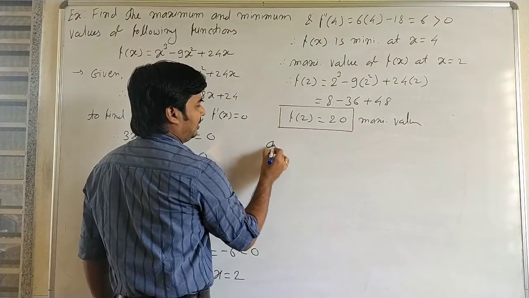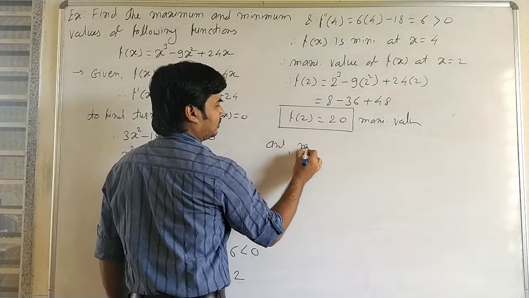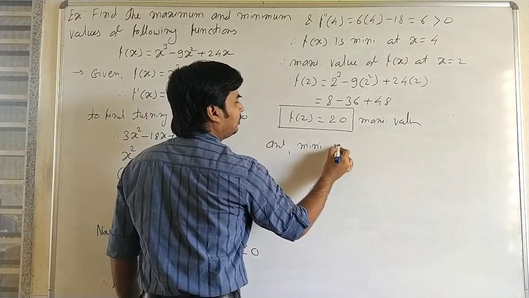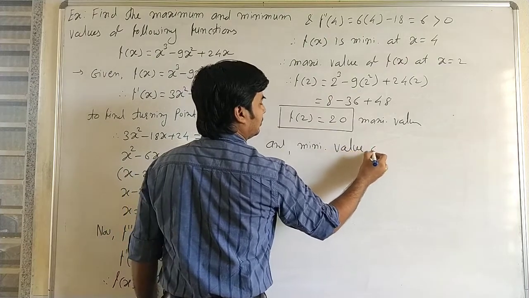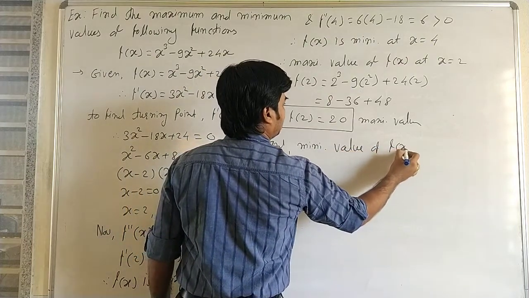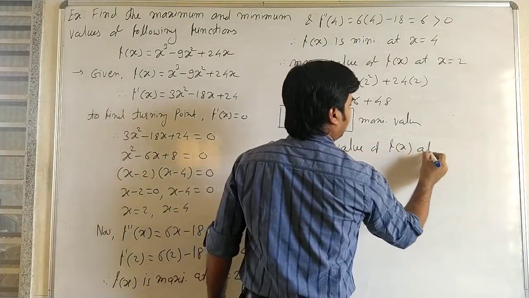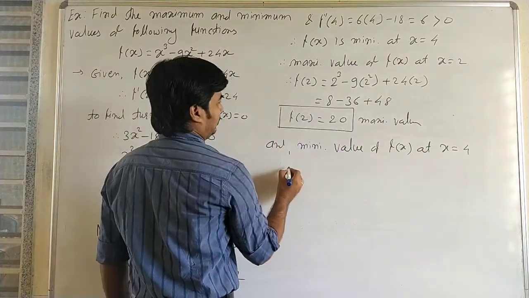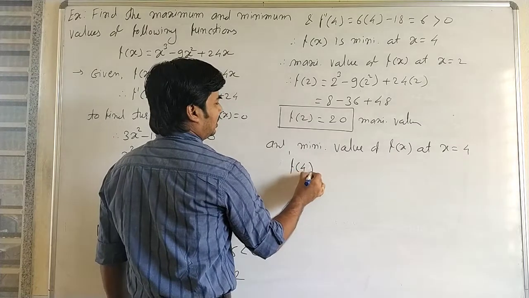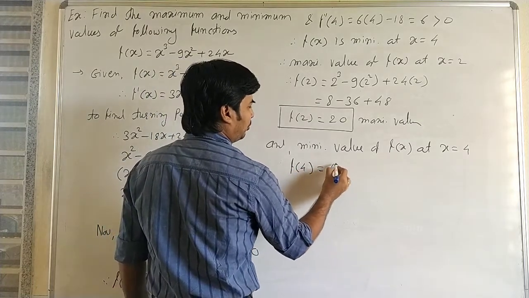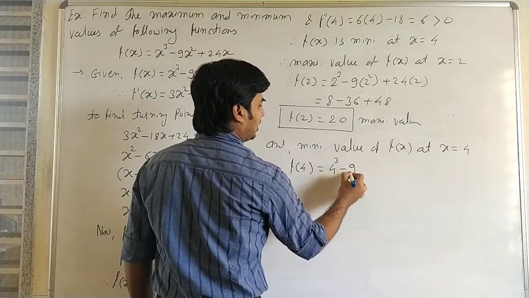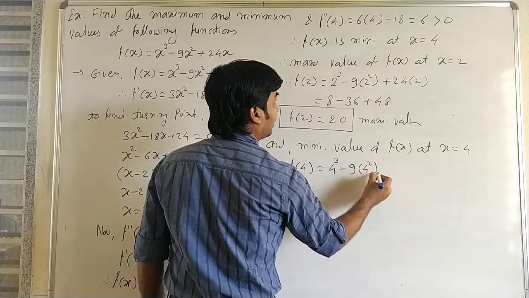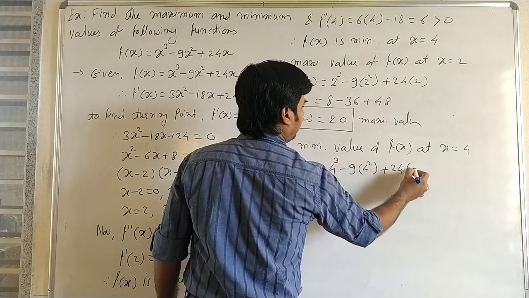Now the minimum value of f of x at x is equal to 4. f of 4 is equal to 4 cube minus 9 into 4 square plus 24 into 4.